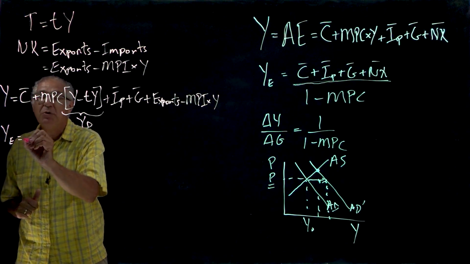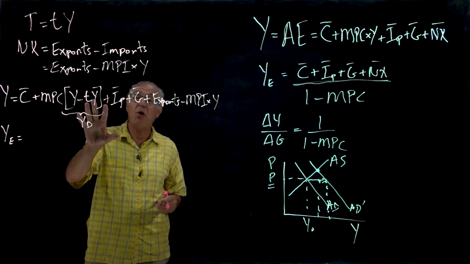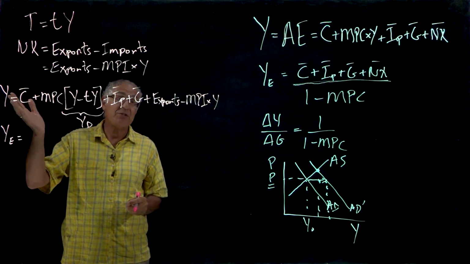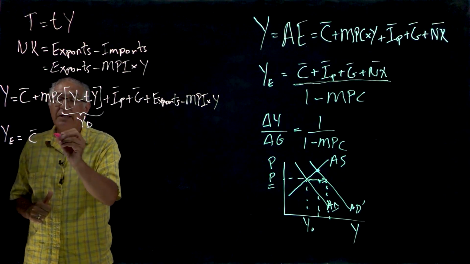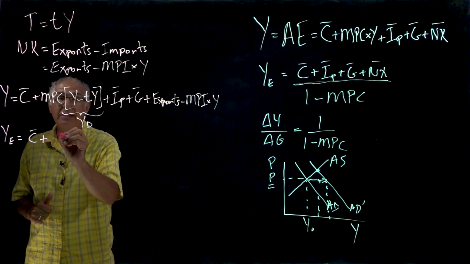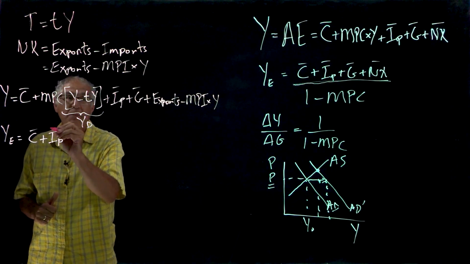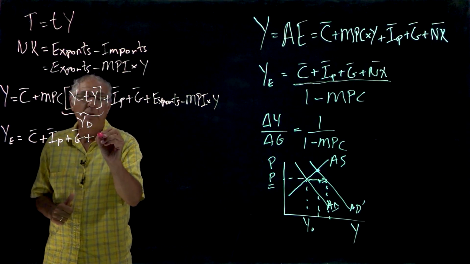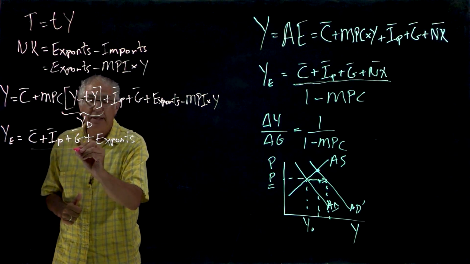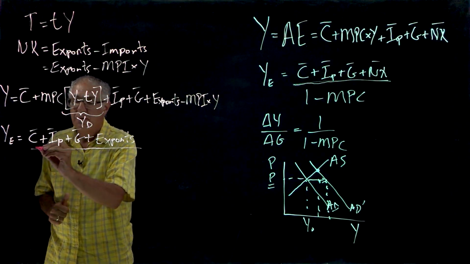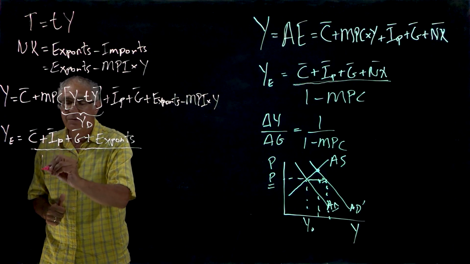If we were to solve again for the equilibrium level of income, here's what we would get. And I would do that by moving all the terms involving Y over to the left-hand side of this equation. I would get these terms in the numerator, and the denominator would look like this.